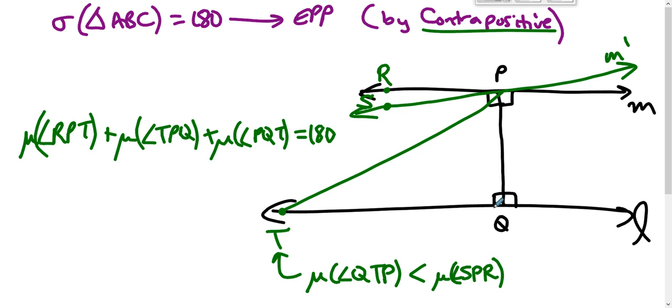That's 90. Together they add up to 180. But check that out. That's a right angle in this triangle. That angle's up here. And we know that the measure of QTP, which is this one here, is less than SPR.